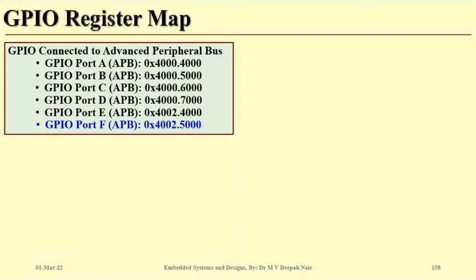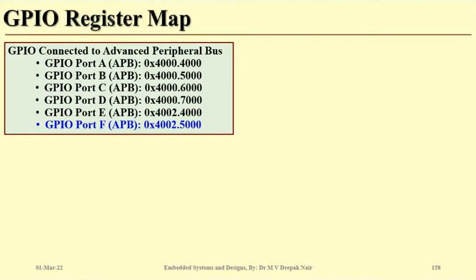And there are certain registers which are very important to understand whether that particular GPIO will work as a digital input or not, or whether that particular GPIO pin will work as an alternate function or not. So first of all, in any case, we must know that GPIO's base address.